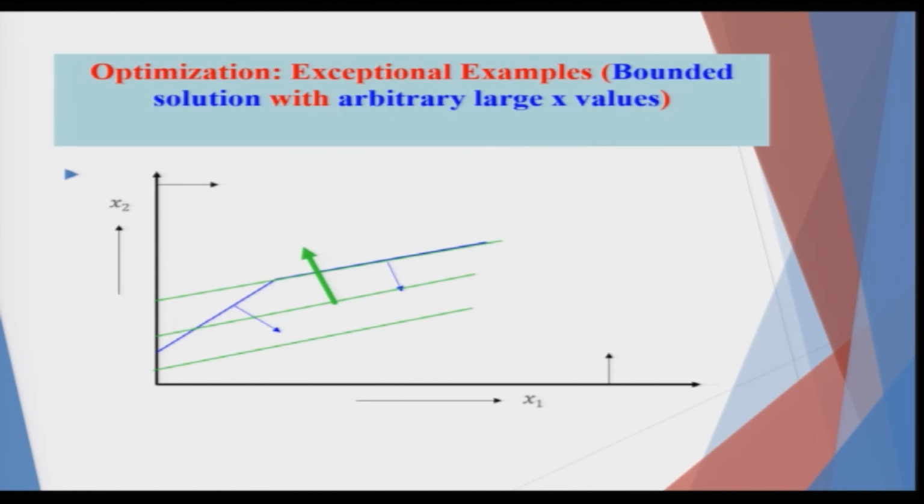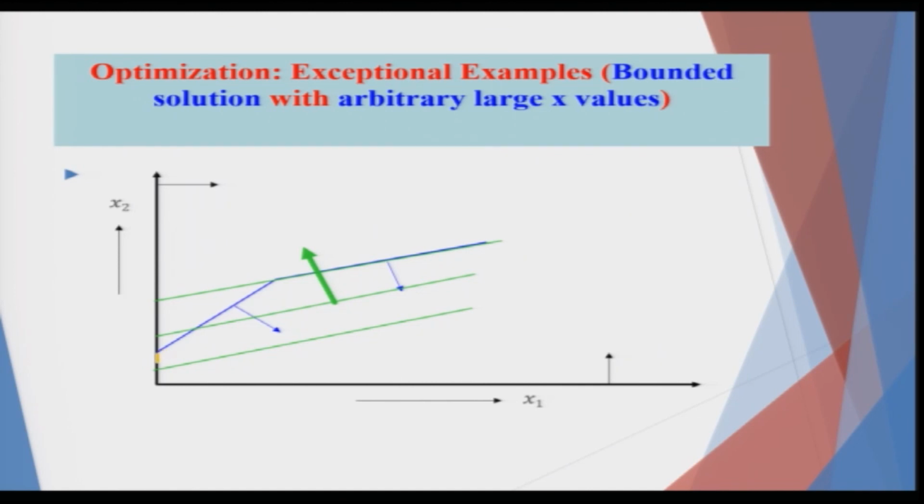Now comes the constraints. When you mark the constraints, you have the region where x1 is positive, which is obviously in the first and the second quadrant, but the second quadrant will be ruled out because x2 is also positive. So, any values to the right of the y axis, any values above the x axis, and the common region between the constraints would give you the feasible region.